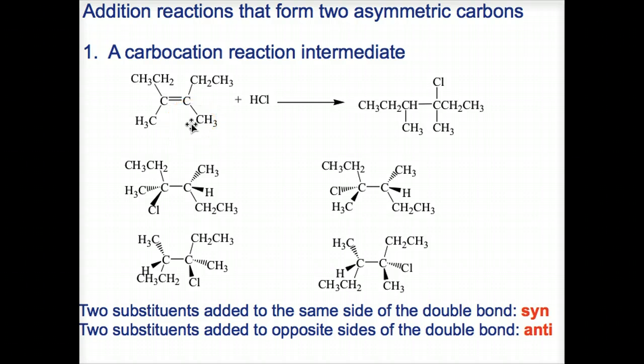It does not have a single asymmetric carbon, whereas here in the product, we have a compound known as 3-chloro-3,4-dimethylhexane that has an asymmetric carbon right there, and also this one. So we have 2 asymmetric carbons in the product.